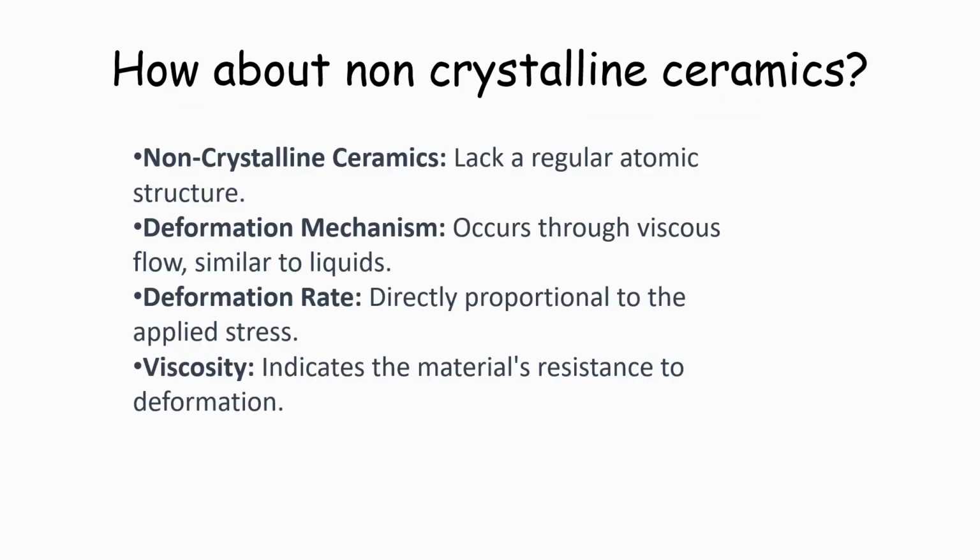And how about non-crystalline ceramic? Non-crystalline ceramic, or amorphous ceramic, is a type of ceramic where the atoms are arranged randomly, not in a set pattern. It is non-crystalline, meaning that it does not have a regular atomic structure. In terms of structure, it is similar to glass without regular atomic order.